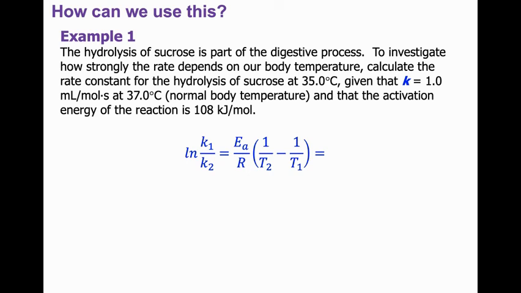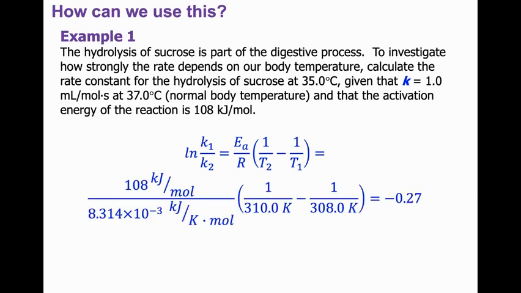So if we know, for example, K2, let's make that our K, so that our T2 is then 37 degrees, then our T1 can be 35 degrees. Let's just focus on this half of the equation. Our activation energy is 108 kilojoules per mole. R is 8.314 joules per mole Kelvin, or 8.314 times 10 to the negative third kilojoules per Kelvin mole.